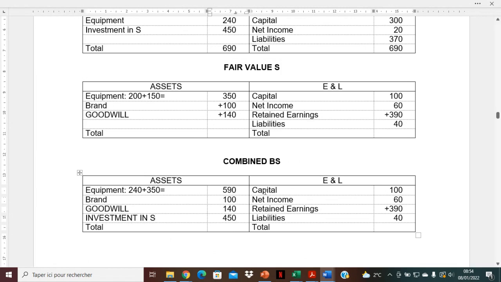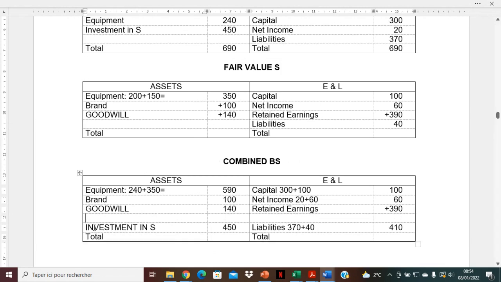We have capital of the parent plus the subsidiary, profit of the parent plus the subsidiary, the retained earnings and liabilities. We have 370 for the parent plus 40, so 410 in total.